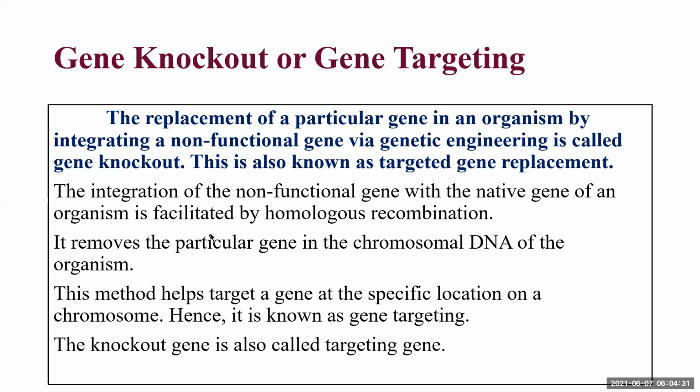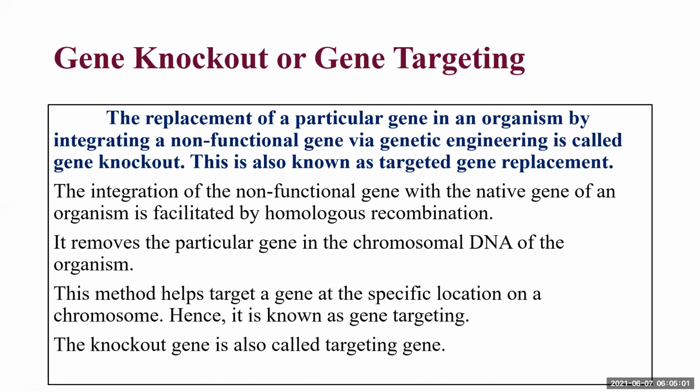Now the question arises, how is a functional gene replaced by a non-functional gene? Integration of a non-functional gene with the native gene of the organism is facilitated by homologous recombination. In this process, we remove a particular gene in the chromosomal DNA of an organism, and when we remove one gene, we have to replace it by another gene.